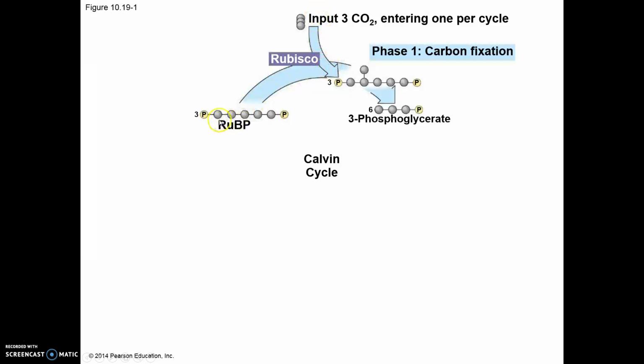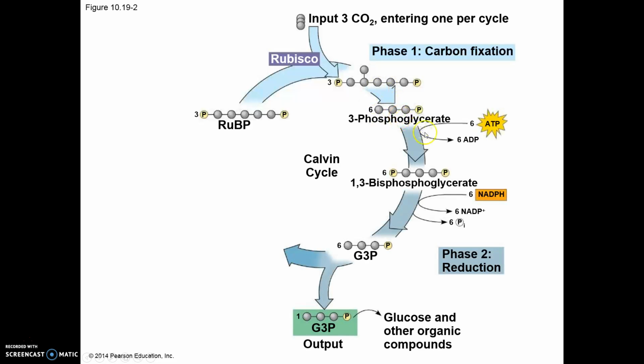So here we have this 1, 2, 3, 4, 5 carbon compound. We get CO2 coming in. It is generating a 1, 2, 3, 4, 5, now 6. So each carbon is adding one more on. We can then modify this into two of these molecules, utilize ATP to turn it into this, dump electrons onto it.